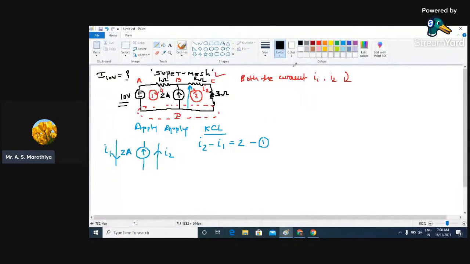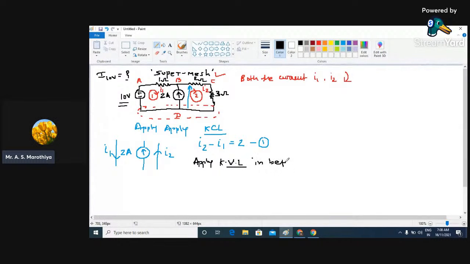Then we need to club these two meshes by ignoring this common current source. So I can apply Kirchhoff's voltage law directly between mesh 1 and mesh 2.